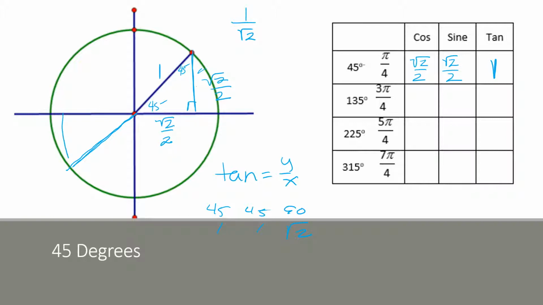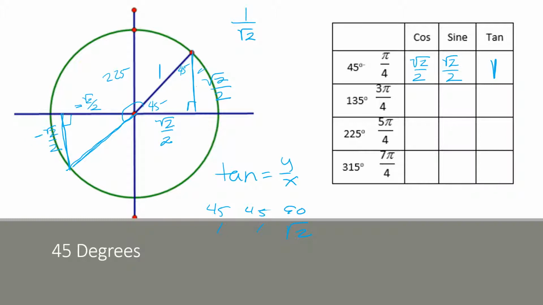I'm just going to go over here because we did the other. This angle here is 225. Its reference angle is that 45. So this is negative root 2 over 2, and this is negative root 2 over 2.